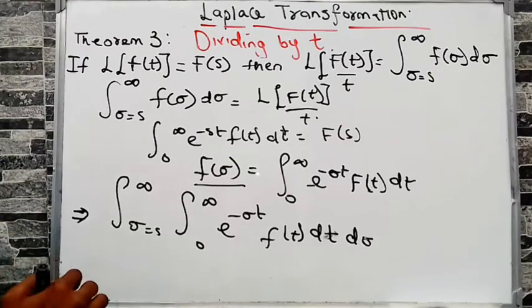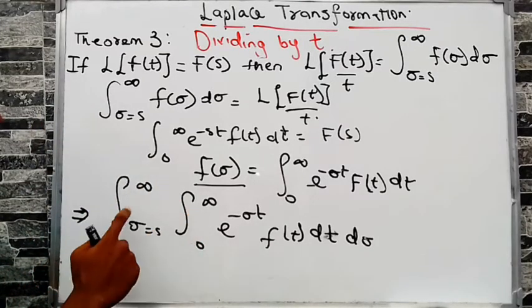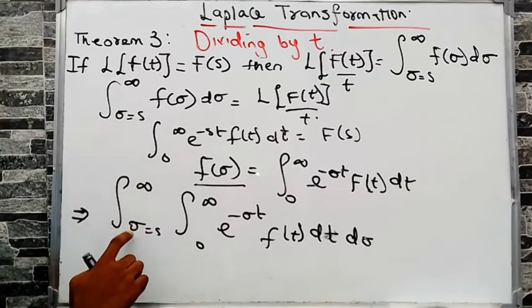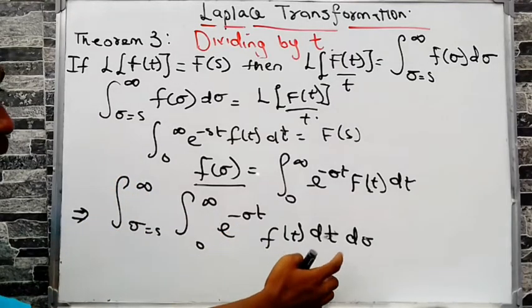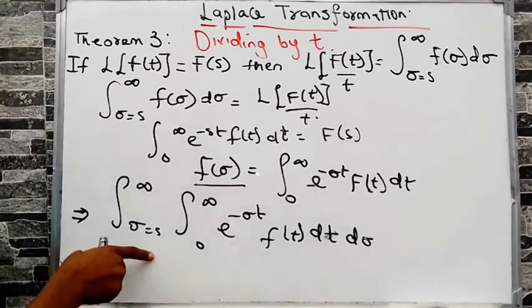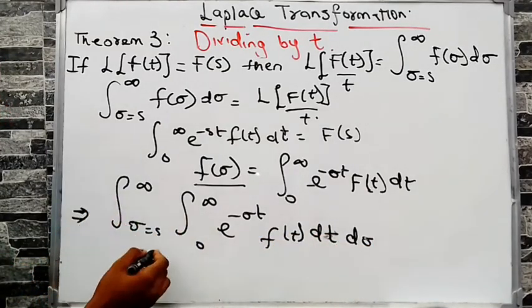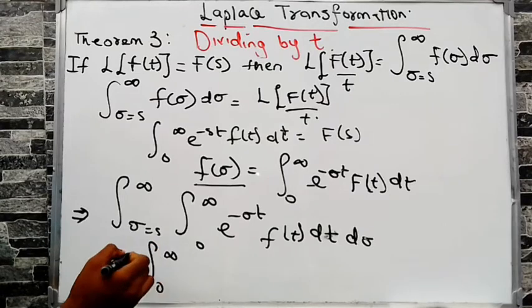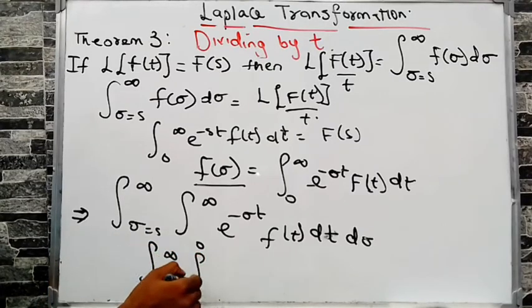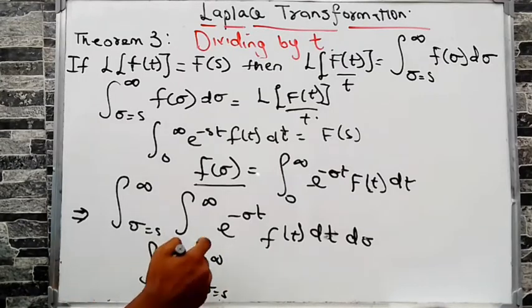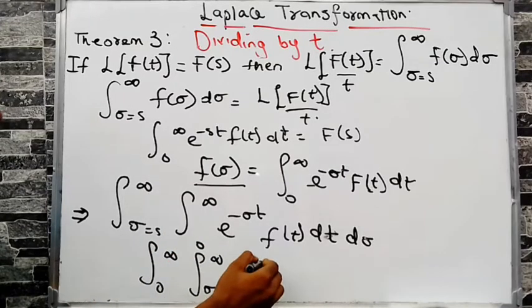To make it easier for us to integrate, since we have this variable going to infinity and this variable here, let's bring this variable together. Taking this one at the back, we'll have the integral from 0 to infinity, and this is the integral, this variable equal to s to infinity, of exponential minus this variable.